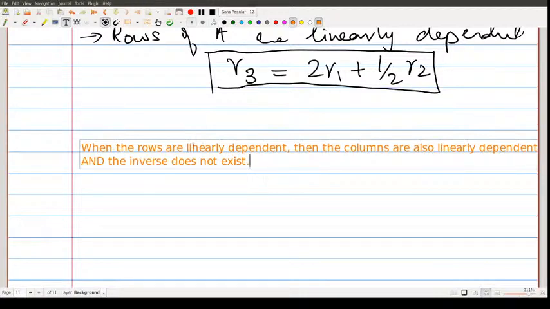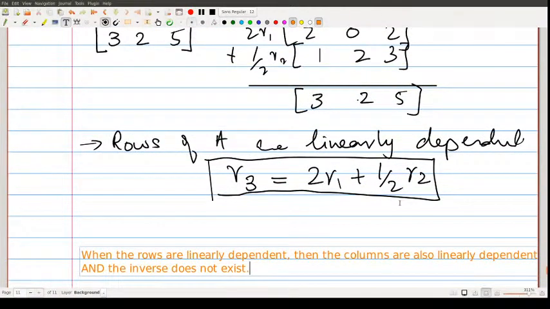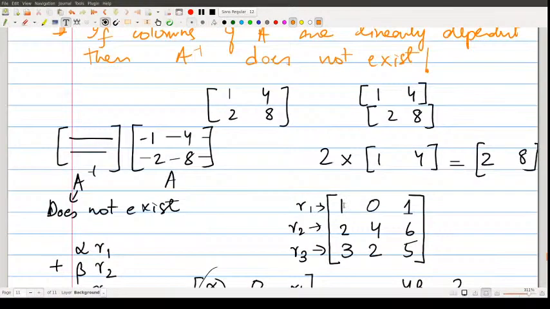That's the important fact here, that we won't be able to find the inverse of the matrix if you have linear dependence in the rows or in the columns of A. Okay?